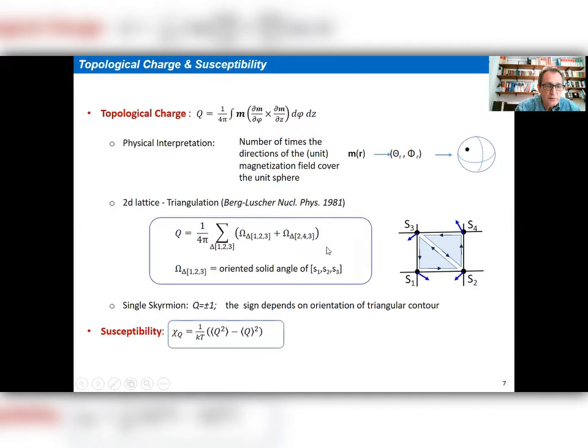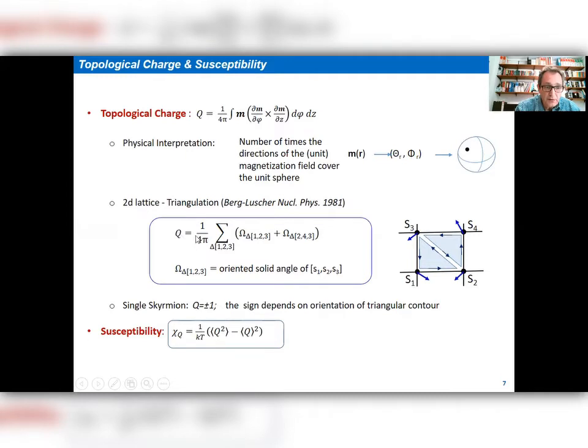So what this expression tells you is that you have to triangulate the lattice and calculate the solid angles defined by triplets of spins sitting on the corners of each triangle. If you add up all these solid angles, you get the topological charge of the system.